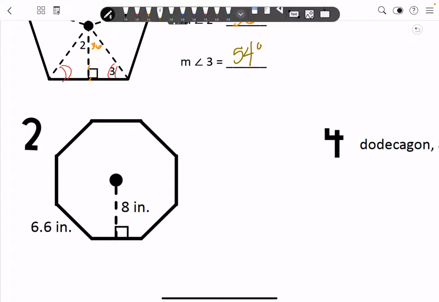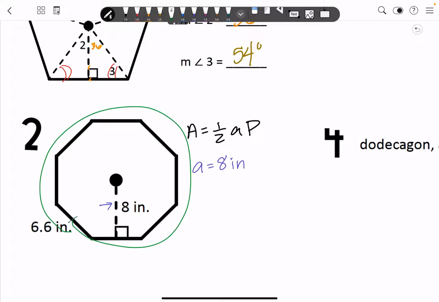Now, let's write out our formula. Remember, it's 1/2 times A times P, P being our perimeter. We know that our A value, our apothem, is right here, and that's going to be 8 inches. Our perimeter is this entire thing right here.